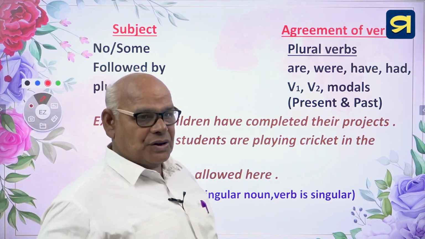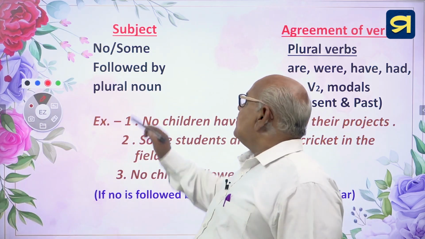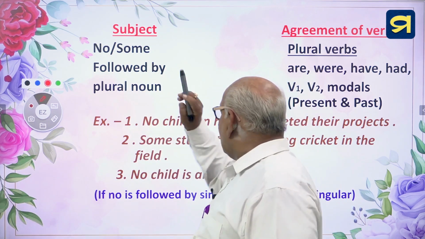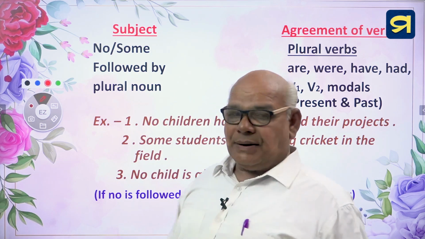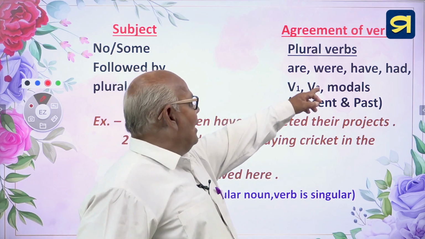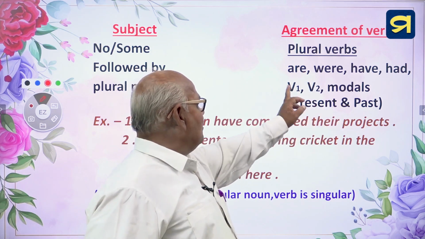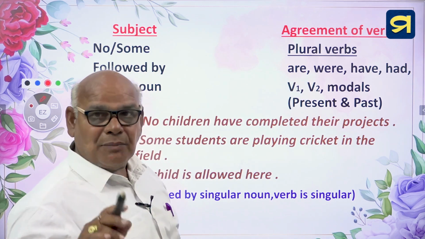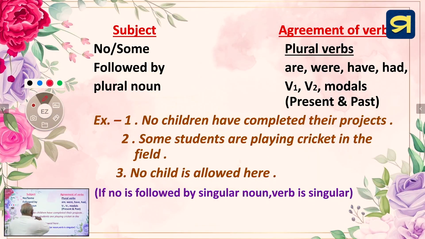If no or some, one of these two, is followed by a plural noun, then it takes the plural verb are, were, have, had, V1, V2, and modals. Let's discuss some examples. No children have completed their projects.